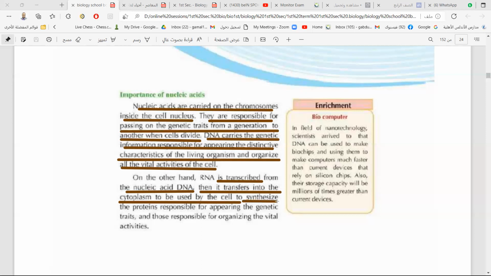To synthesize what? The protein responsible for the appearance of genetic traits. So the order is carried by RNA. The order is found in DNA, but it is carried by RNA to the cytoplasm to be formed, responsible for organizing the vital activities of the living organism.